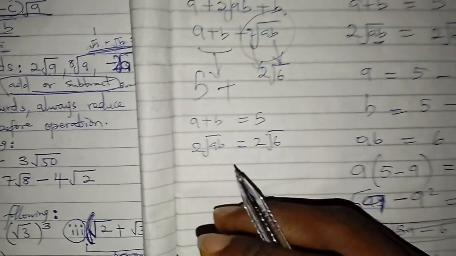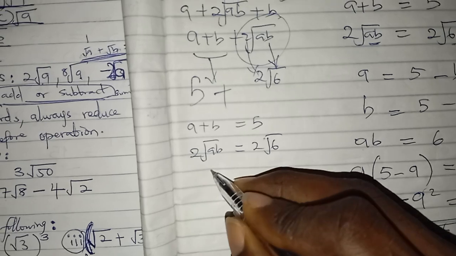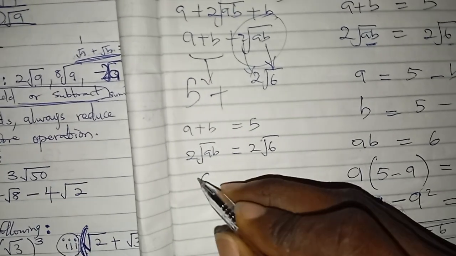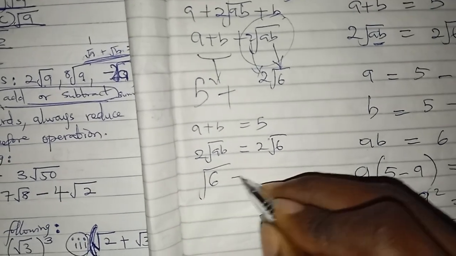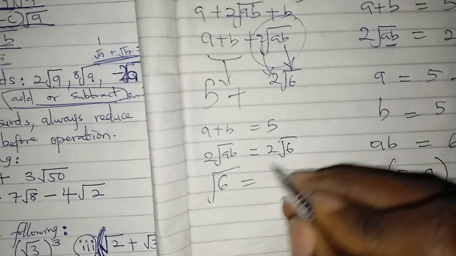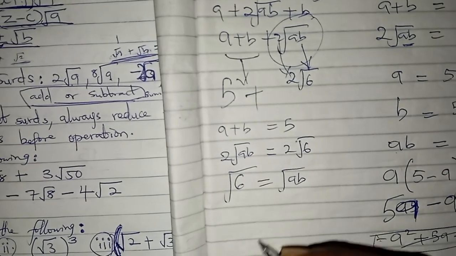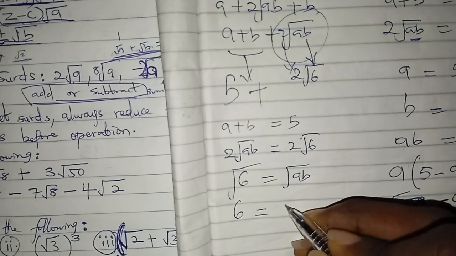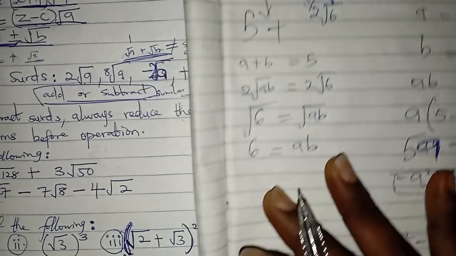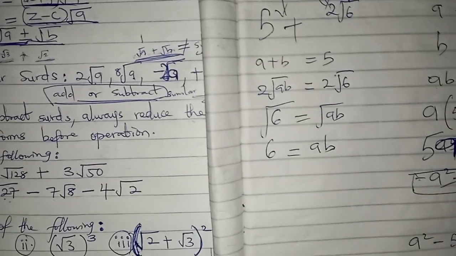So if this is the case, root 6 is equal to root ab, which means that 6 is equal to ab. So this is what we are now using to solve.